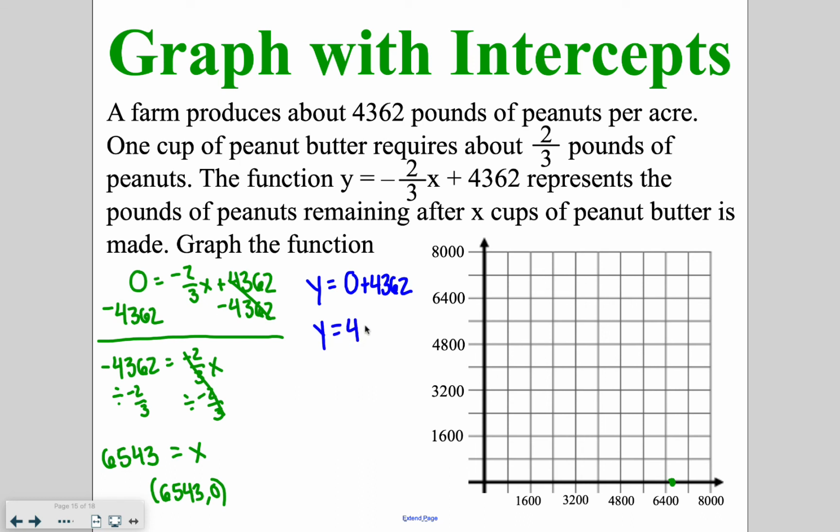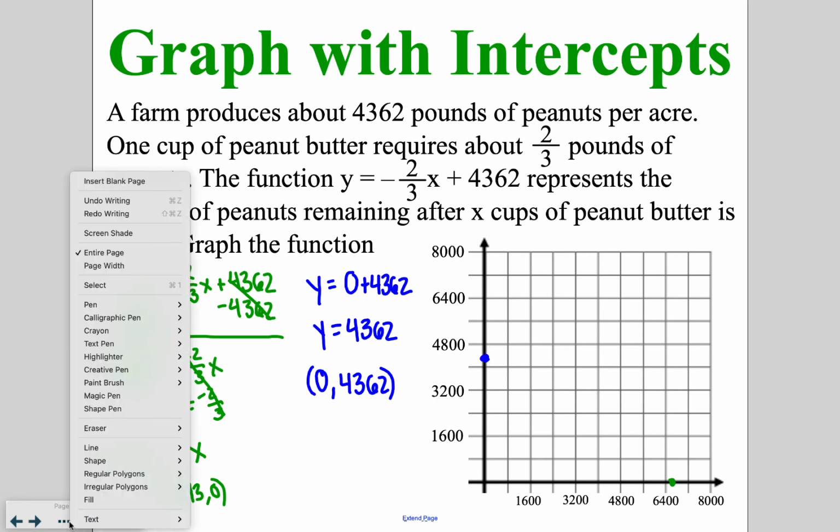So my y is 4,362 after I do my addition, which means I've got (0, 4,362). Over here, it looks once again like we are counting by 800s. So we're at 800, 1600, 2400, 3200, 4000. And then I'm somewhere in between, not quite halfway, a little bit below that. And that's going to be my y-intercept point.